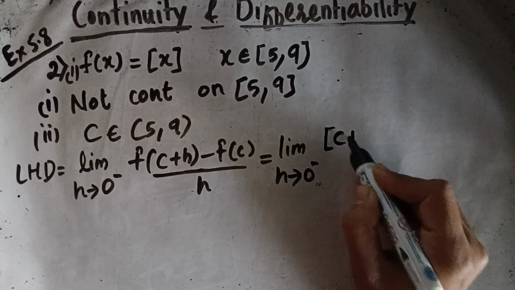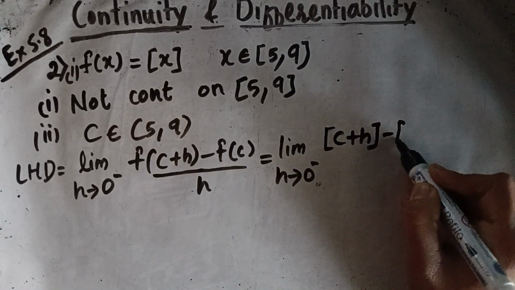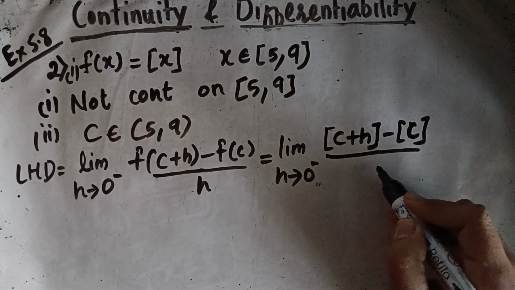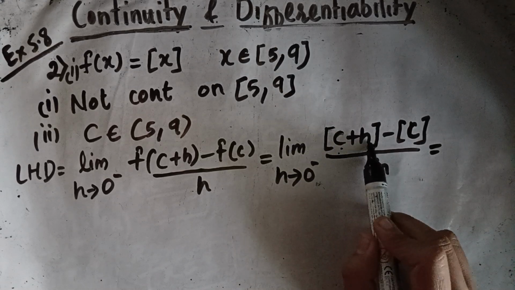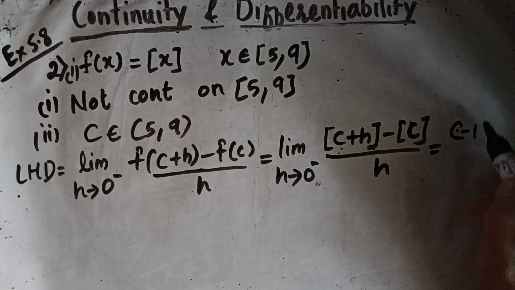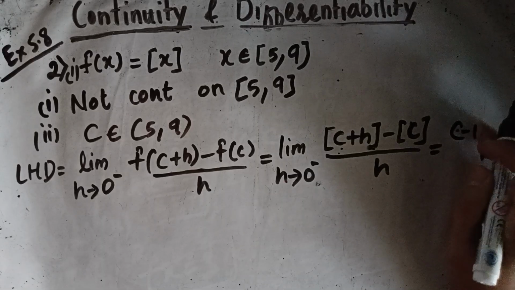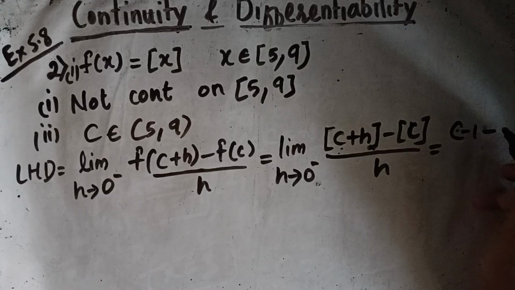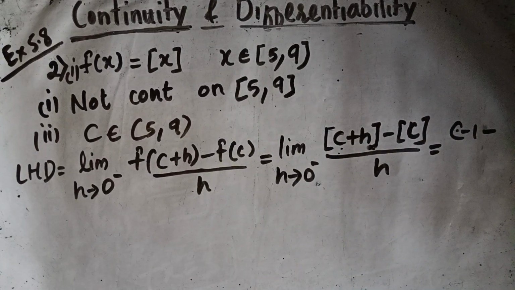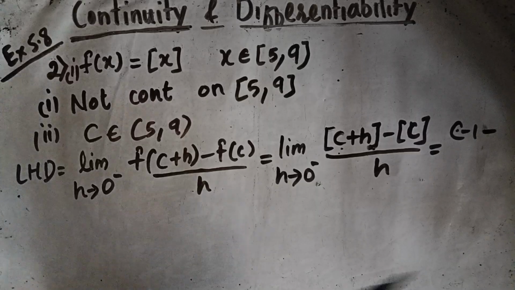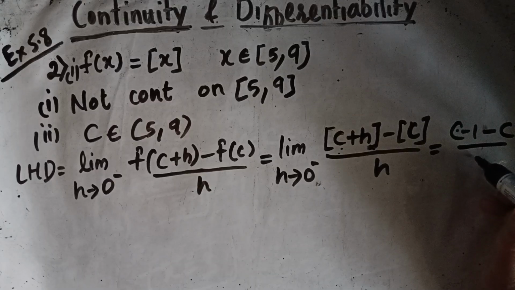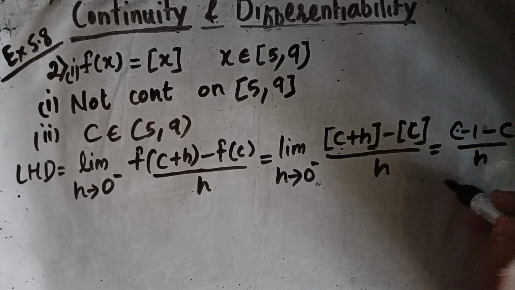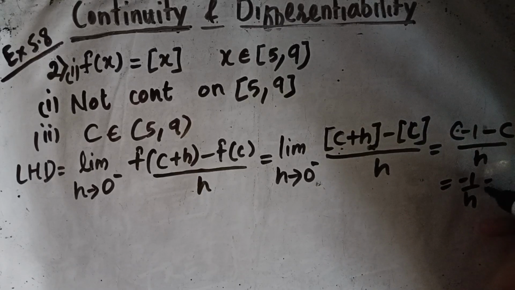So this will be c minus 1 upon h, because this is 0 minus, so we are approaching from the left hand side of 0, and this is c. So this will be minus 1 upon h, which is infinity.